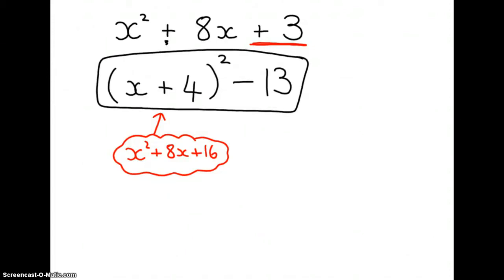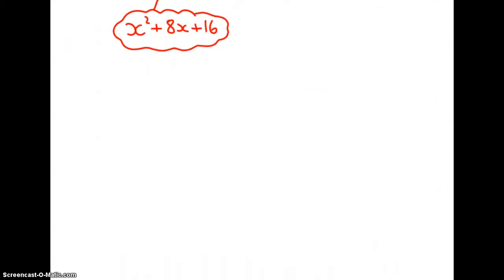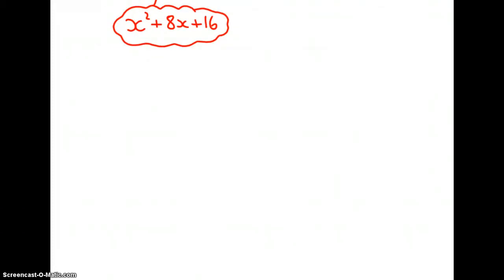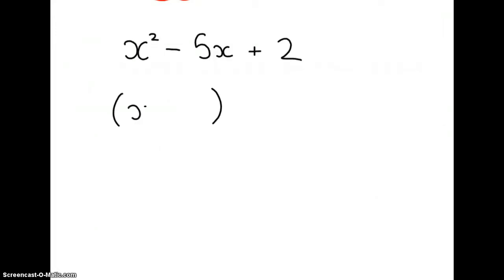Now it gets a little bit more complicated when we've got an odd number in the x's. So if we had a slightly different value at the start, so let's say it's x squared minus 5x plus 2. When I'm going to complete the square this time, into my brackets, I'm going to put an x, it's a minus this time, so I'll put minus, and half of 5.